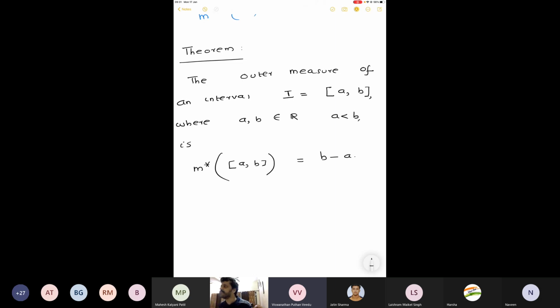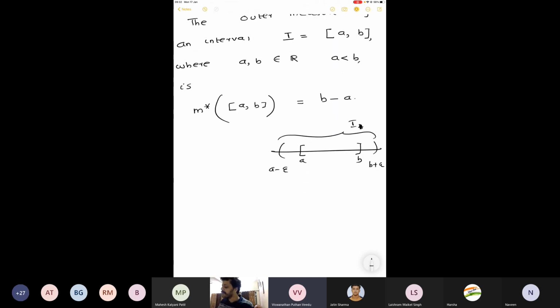Then you get a sequence of open intervals whose union covers the interval. Now you find the length of those.